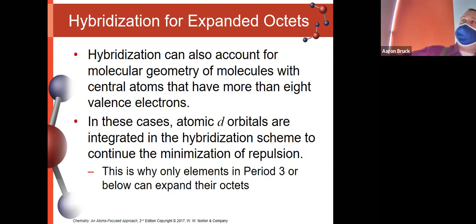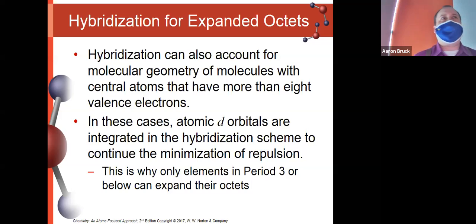Now, most of the elements in the third energy level won't ever use that d sublevel. There is a significant gap between the 3p and the 3d sublevels in terms of energy.